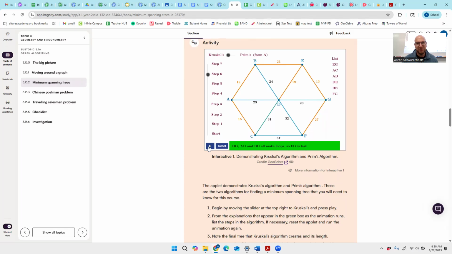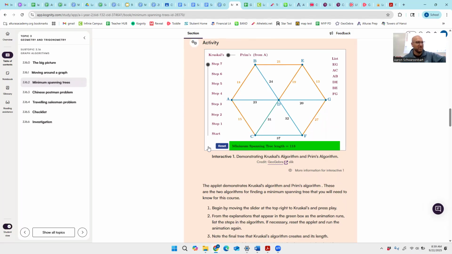We have a tree now. We've got to every vertex. There's no cycles, right? So we had to take the shortest. They just started taking all the shortest until they made sure every vertex was hit.